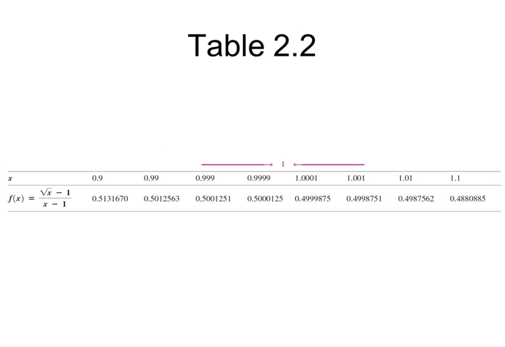Now, let's look at this numerically. We could do this if we didn't have a graph and we were just given a function rule of f of x is equal to the square root of x minus 1, that quantity divided by the quantity x minus 1.